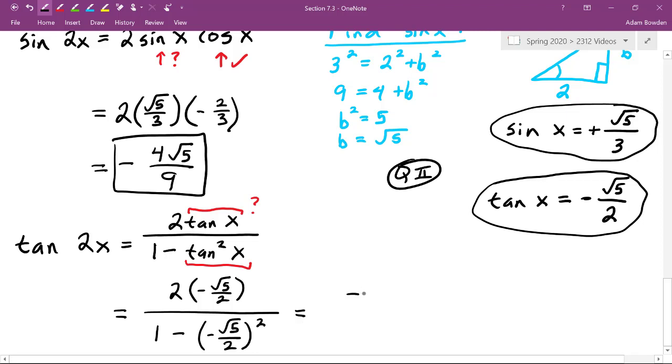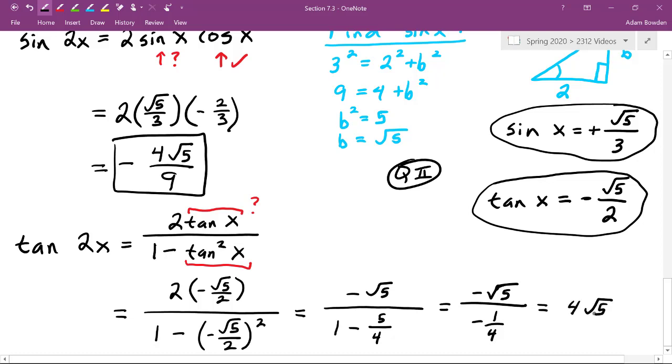So that would turn into negative square root 5 divided by 1 minus 5 over 4. So that would turn into negative square root 5 divided by negative 1 over 4. And dividing by the fraction means multiplying by the reciprocal, so that would be 4 square root of 5.